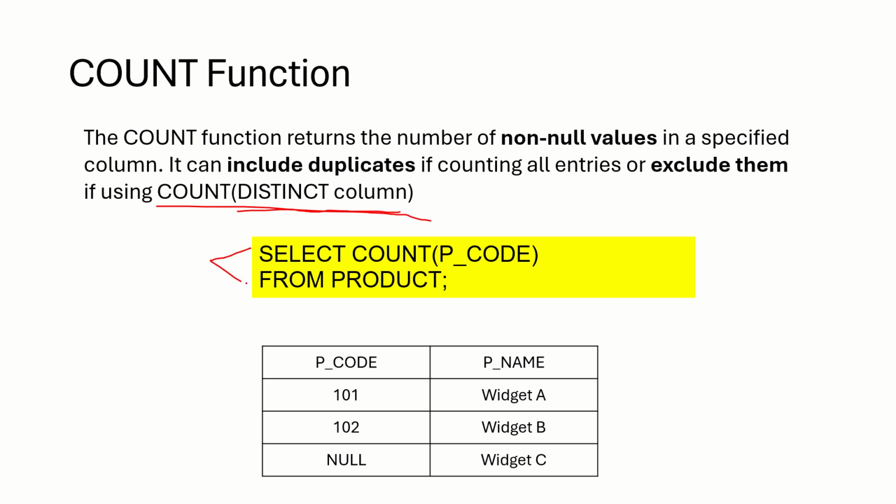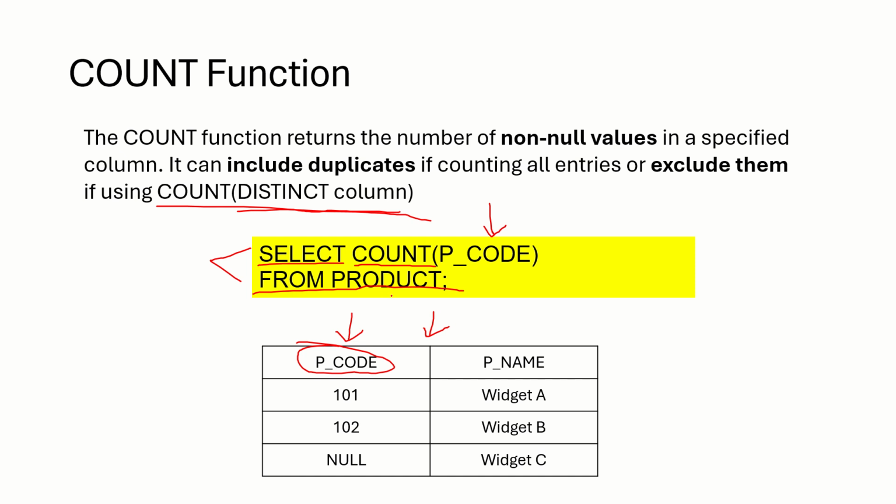So this is the example. We select, this keyword, and we're using the aggregate function count. Right here we include the attribute name, so this is the attribute name. We put the P code. Then we indicate which table, so this table is the products table.